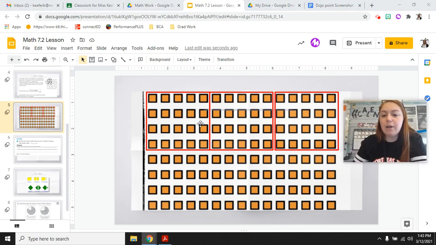So now if I know that these 3 here equal 60, and I look here, could I have an estimate now, maybe a more accurate one, about how many squares there are in this array?